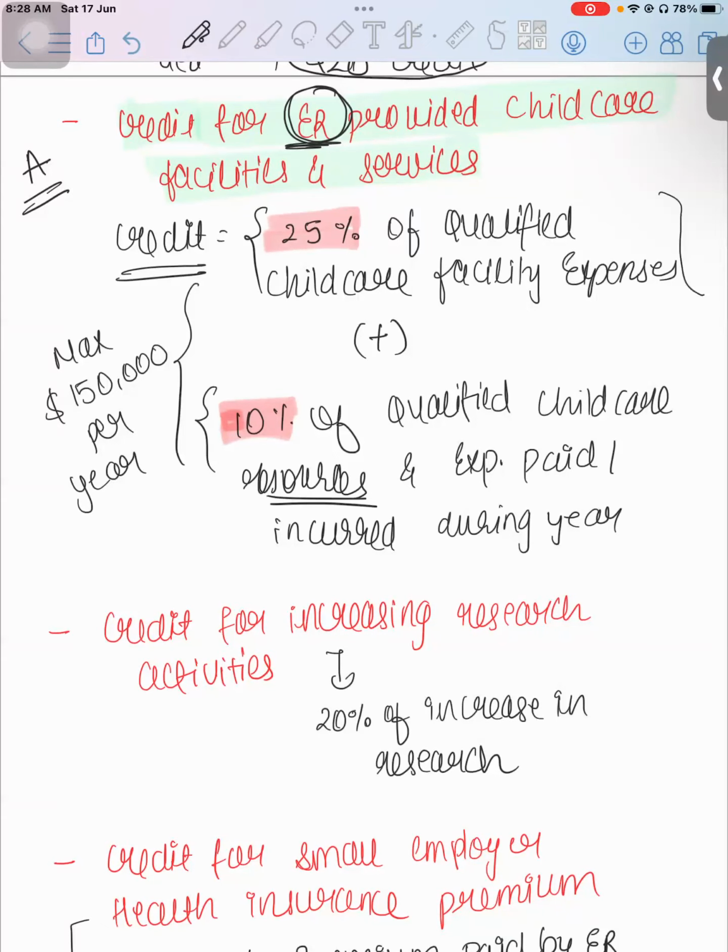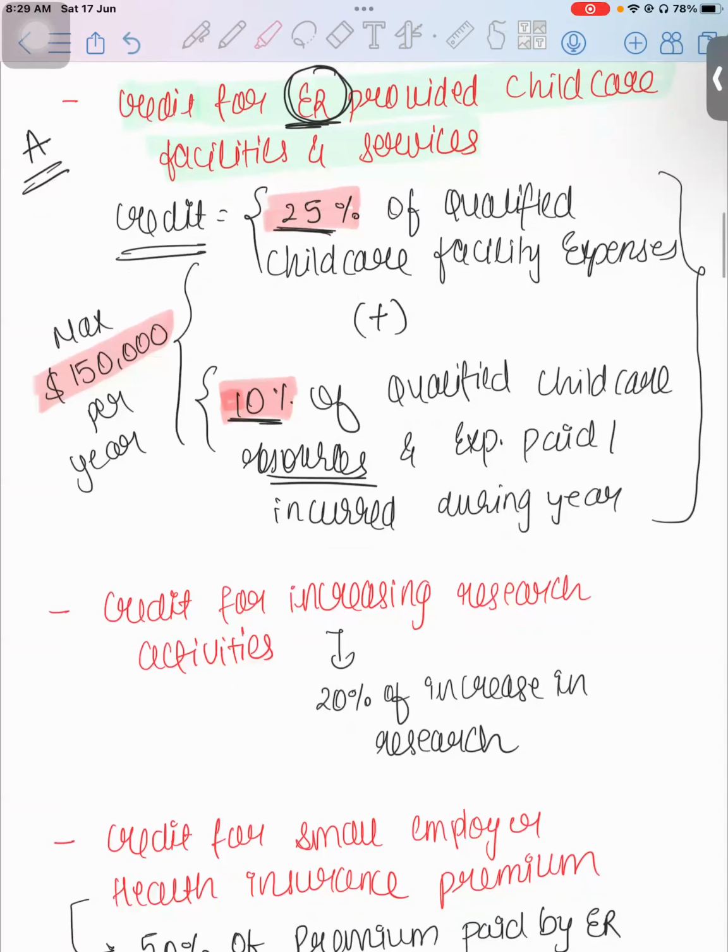And this is for the whole year. During the whole year, you will take the expense multiplied by 25% and 10%. Whatever the amount, that will be limited to $150,000 per year. So overall the maximum you can get is $150,000, and then you should check the actual expense. Whatever the actual expense is, take 25% and 10%, and that credit will be allowed to the employer.